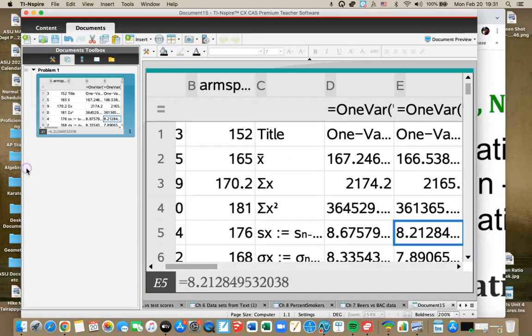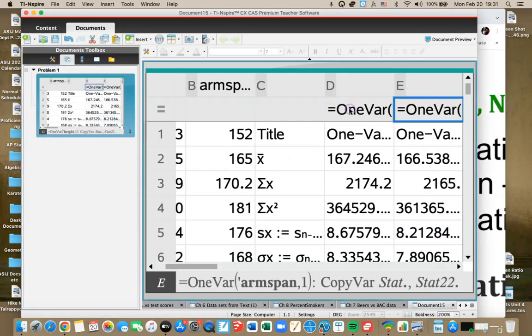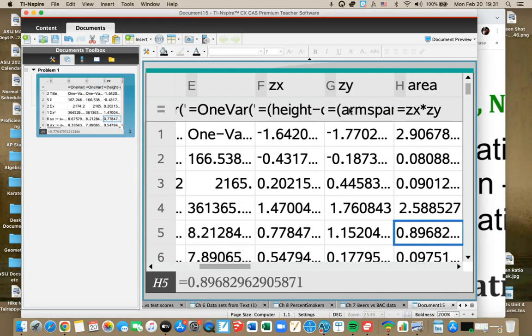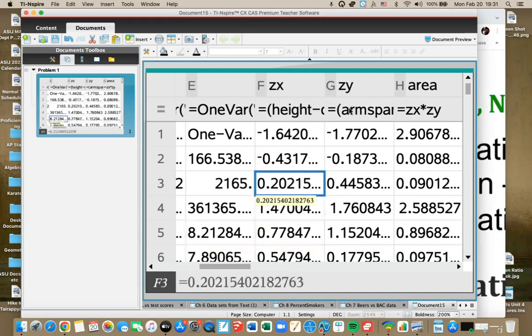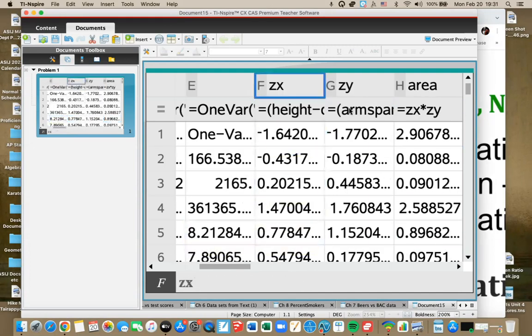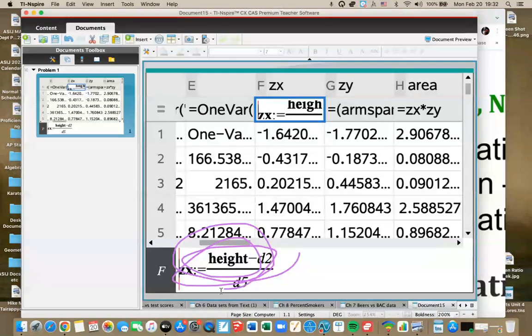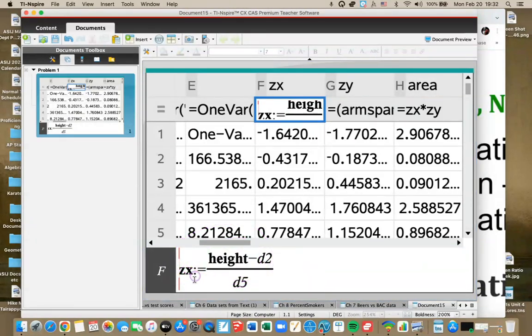So here's what it looks like. We got our one variable stats. I got my mean and my standard deviation for each list. Move over a couple columns. You'll see that I called this one ZX and this one ZY. If I go to the formula bar, down at the bottom, you can see the z-score formula.